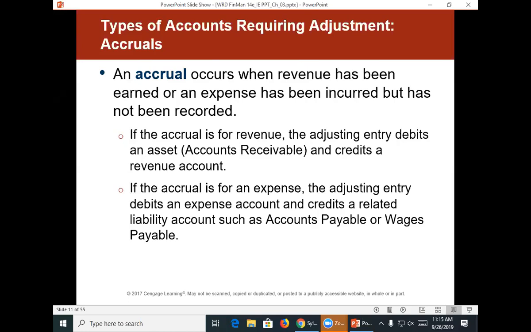So accruals, you have revenues. An accrued revenue again is just earned but not recorded.